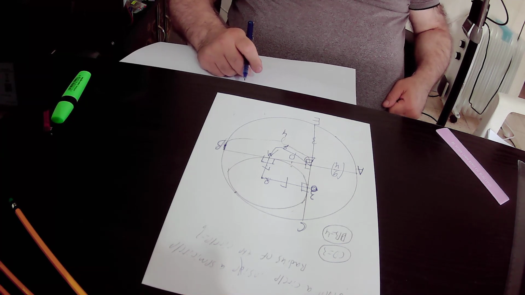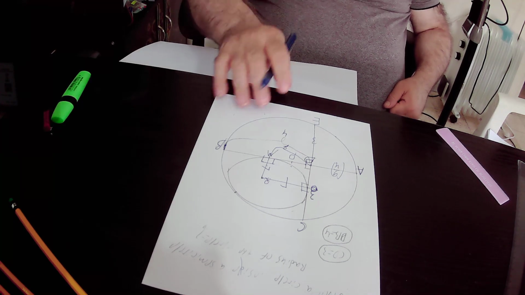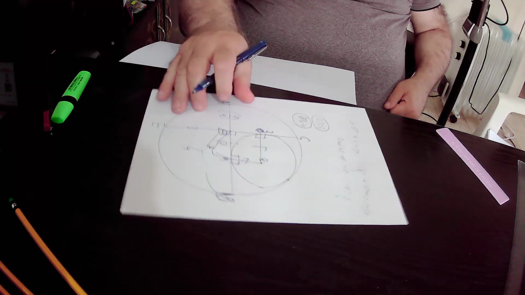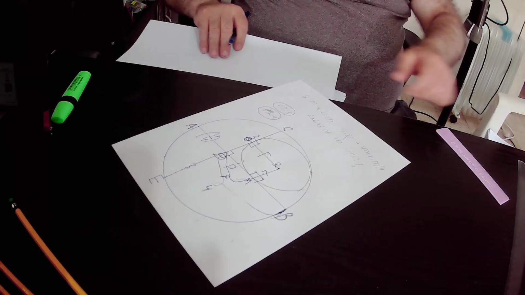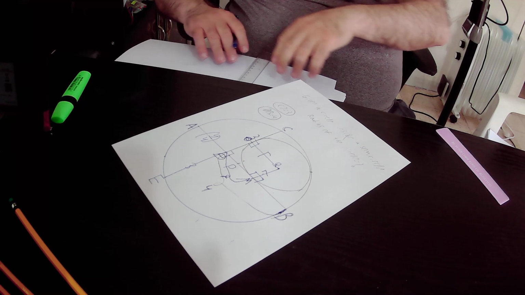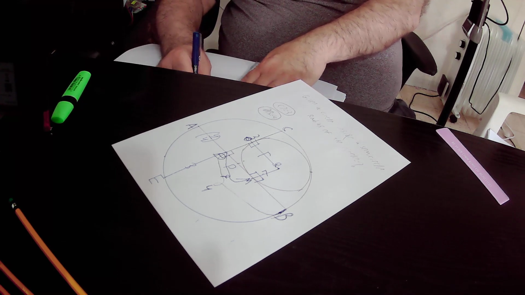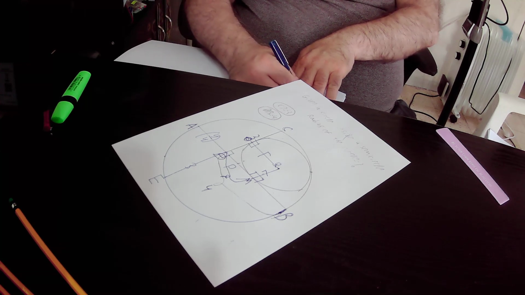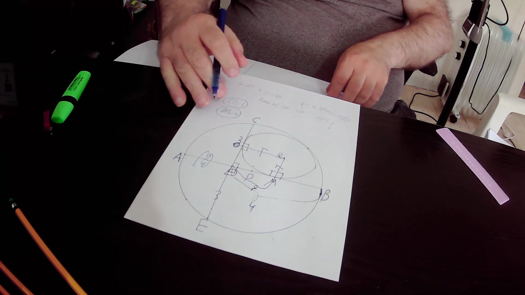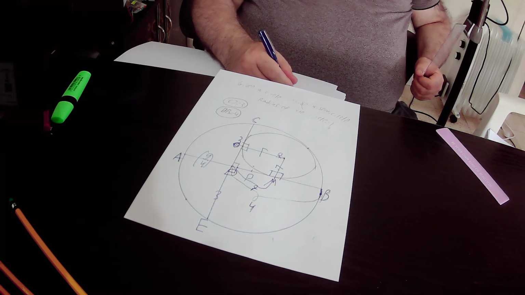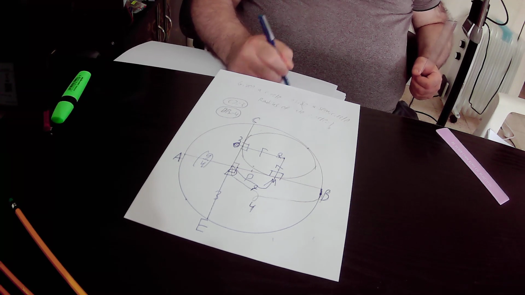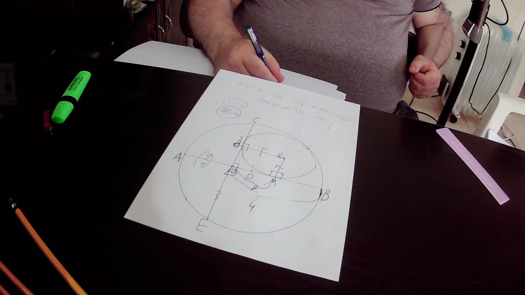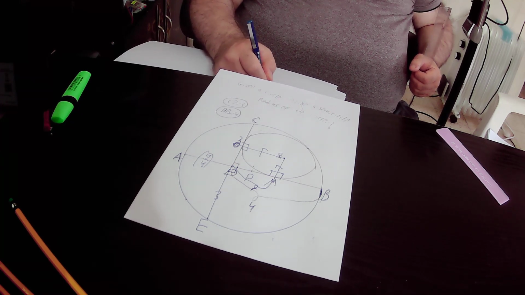And in the next step we will find out the length of line segment DP. From the drawing it is very easy to see that the length of line segment DP equals DB minus PB.